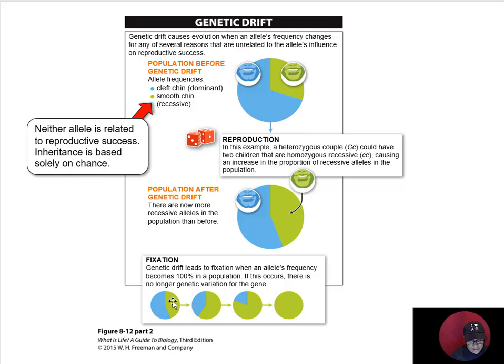And then we had the homozygous recessive in this green, and as the homozygous recessive increases in the population, and when homozygous recessive becomes the only allele in the population, now it's fixed, right? Because you can't get any other variation, because there is no other variation. The entire population is completely homozygous recessive, and that's called fixation. Okay.